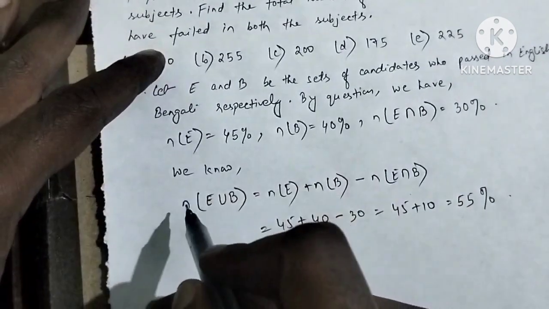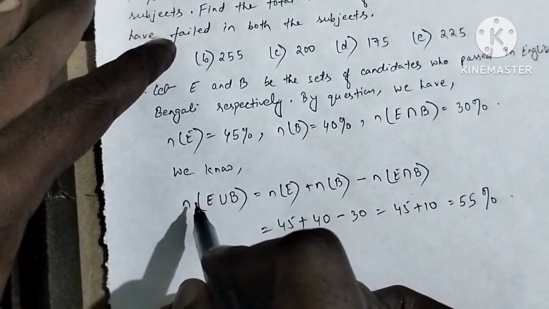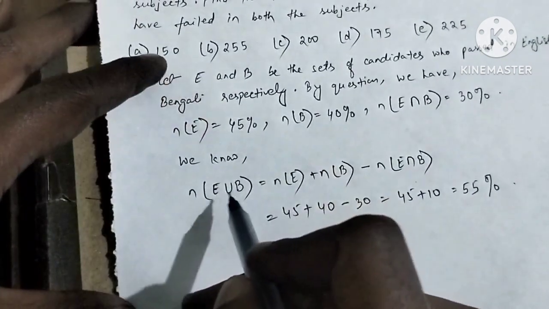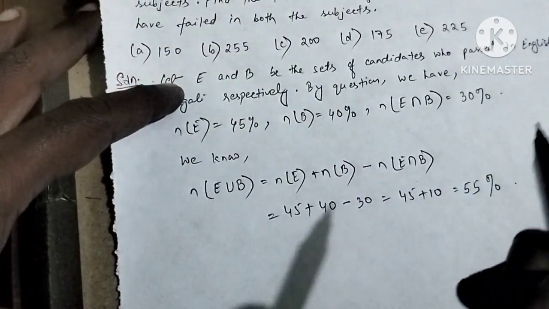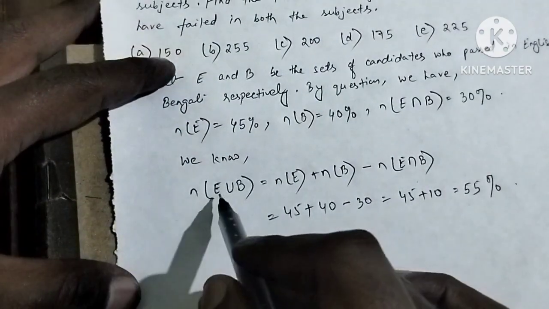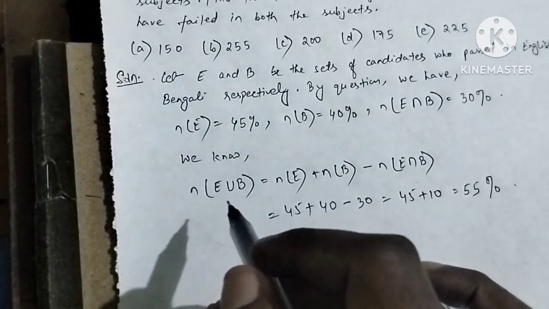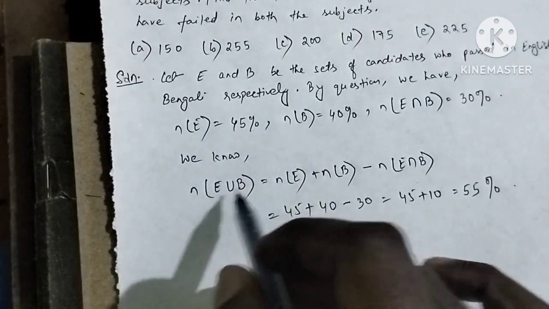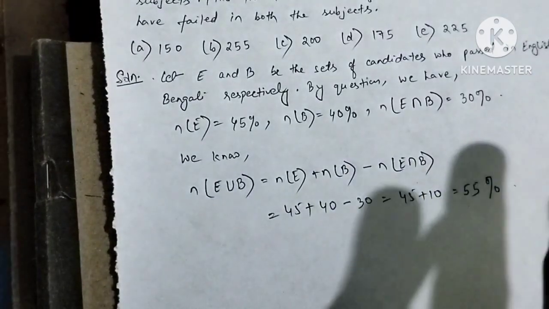Therefore E union B means the percentage of candidates passed in any of the subjects, at least in one subject.